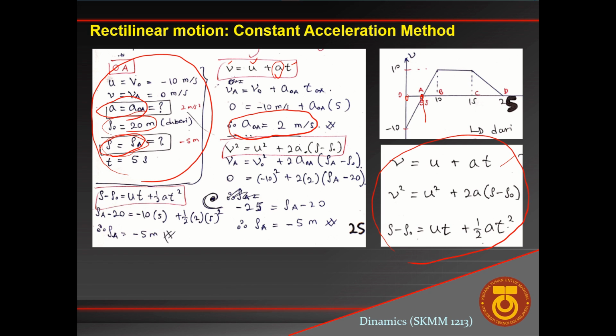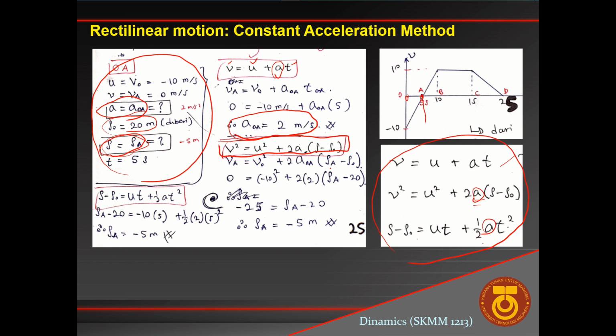Now we can use another equation. Now we have the a, we can put the a in another equation. Even though we have a lot more unknowns, now we know the a. So we can use the second equation here: v squared is v_A, u initial v_O, plus 2a_OA, which we already calculated, times s, the displacement at point A, minus s_O.